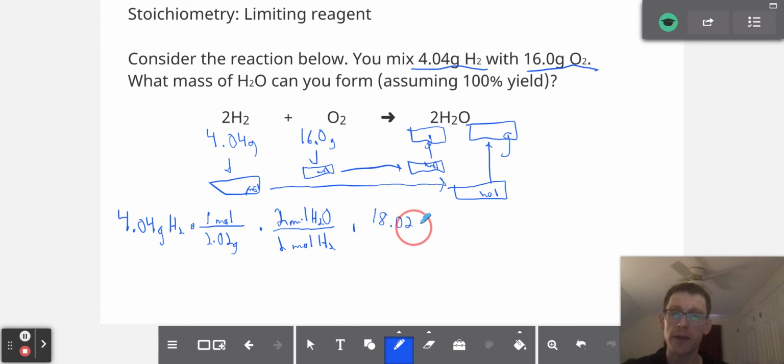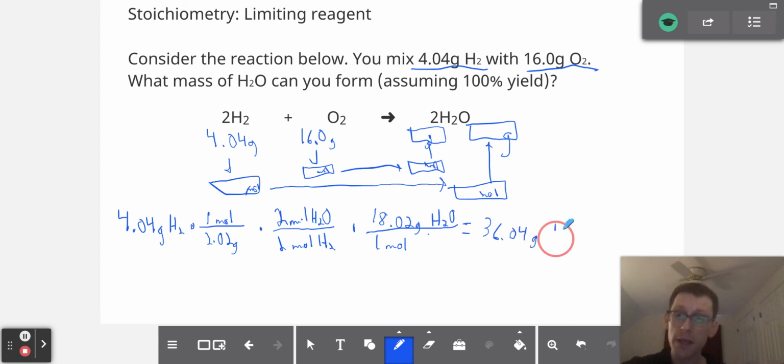And finally, we have 18.02 grams of H2O for every mole of H2O, that's just the molar mass of water taken by adding 2 hydrogens' atomic masses and 1 oxygen. So what we're going to get here is 36.04 grams of H2O that would be formed assuming the hydrogen is the limiting reagent and that the oxygen is in excess, which we do not know.